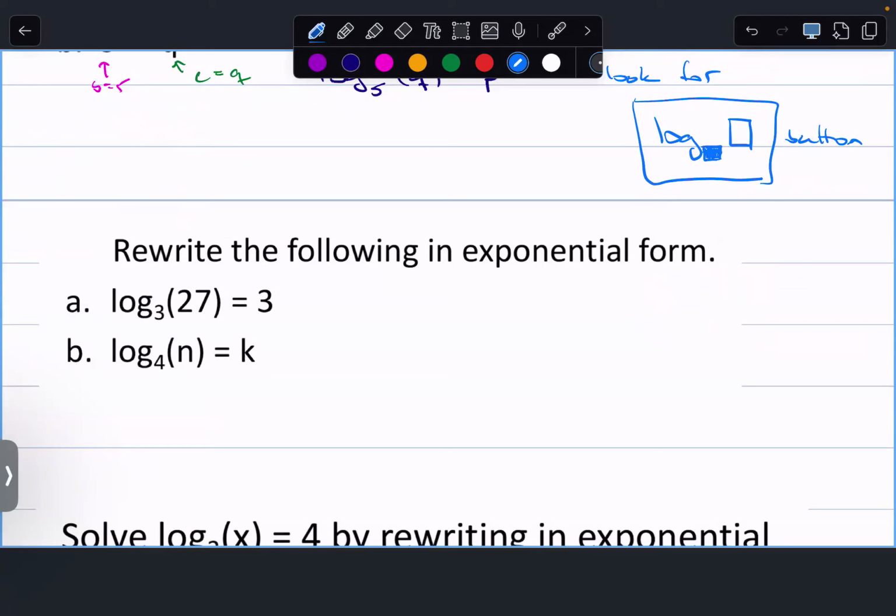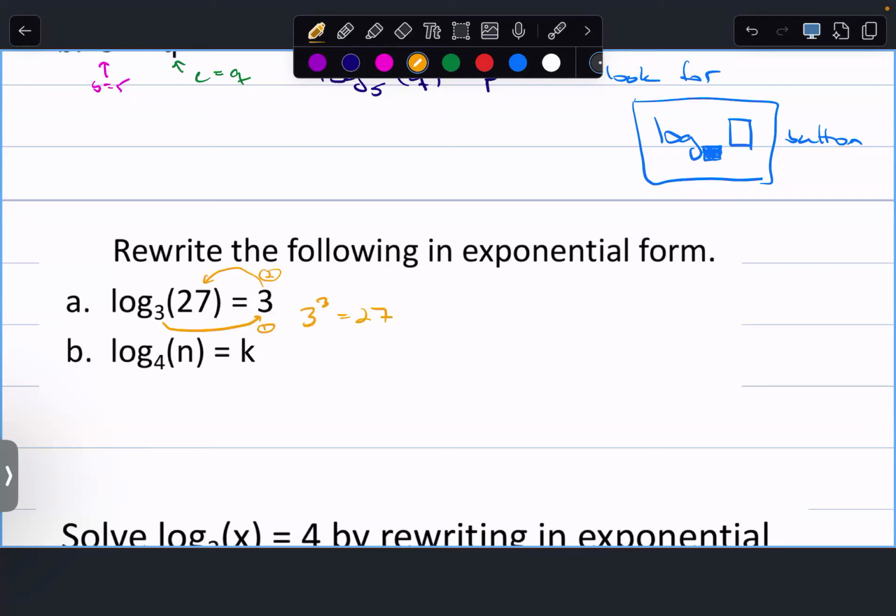So now, this one's the easier one. If we have to rewrite a logarithmic function as an exponential function, then we know that 3 to the power of 3 must be equal to 27.